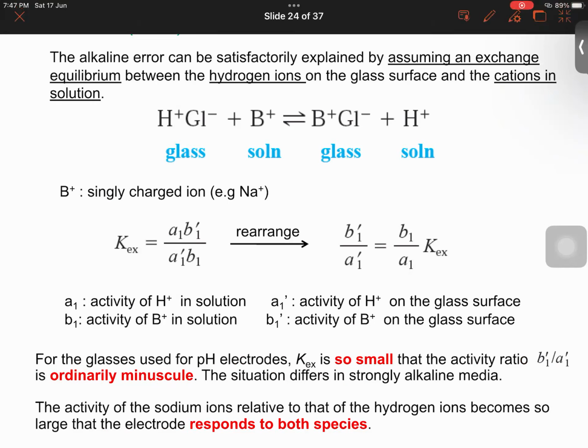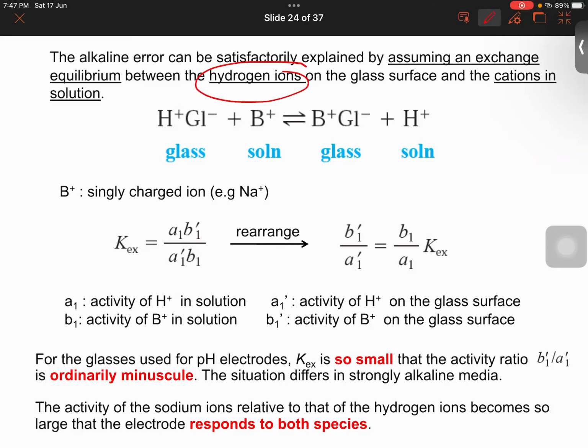So the alkaline error can be satisfactorily explained by assuming an exchange equilibrium between the hydrogen ions on the surface of the glass electrode and the cations in the solution. Okay, so if there are other cations, for example, alkali metal ions, then there is a possibility of alkaline error.